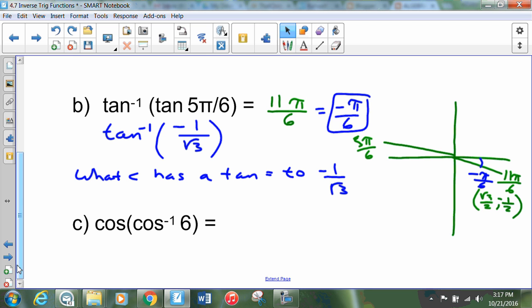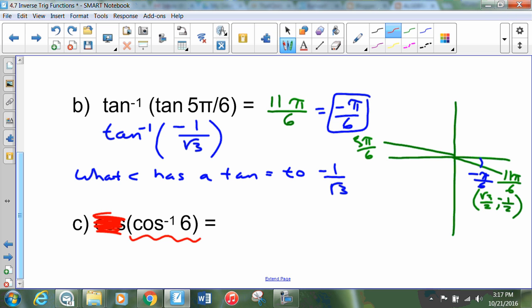All right, so let's look at cosine. Let's block this out, and let's just look at what we have inside. This says, what angle has a cosine equal to 6?